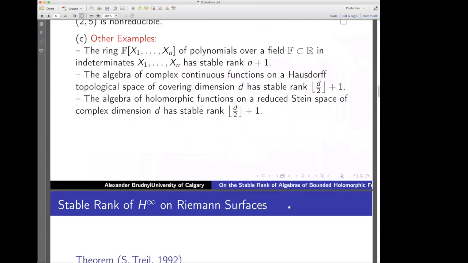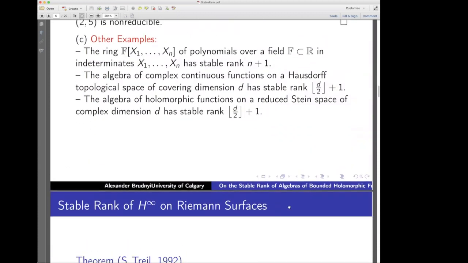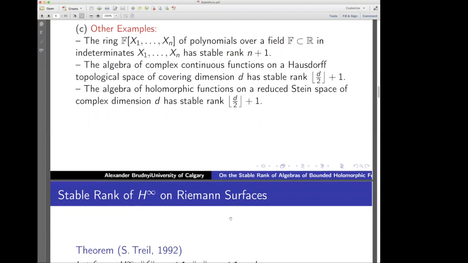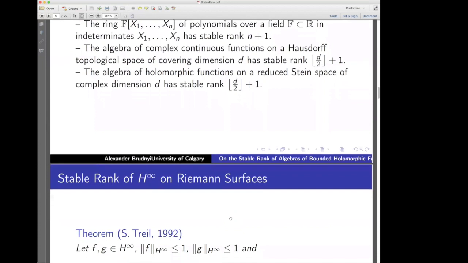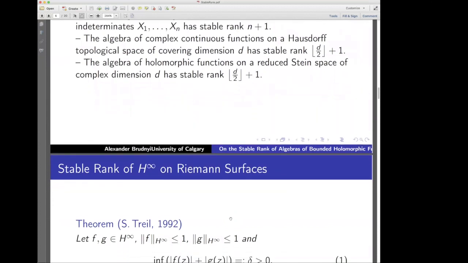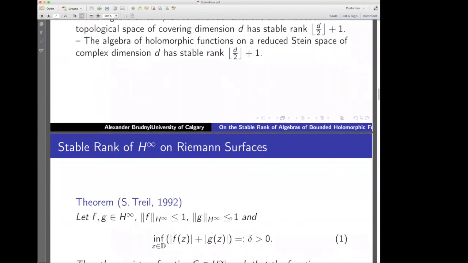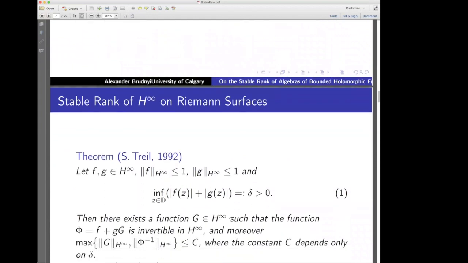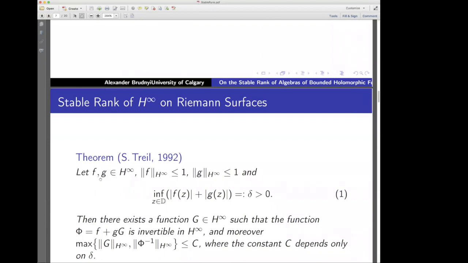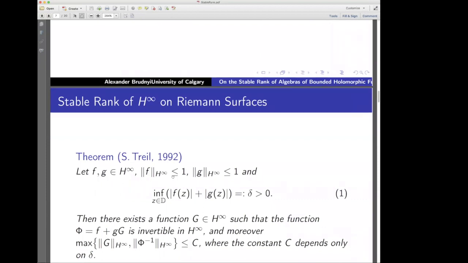But the main subject of the talk is the stable rank of the algebra of bounded holomorphic functions on Riemann surfaces. So the subject goes back to the classical theorem of Sergei Treil of 1992, which states the following. Suppose we have two bounded holomorphic functions on the disk, f and g, of norms less or equal than 1.